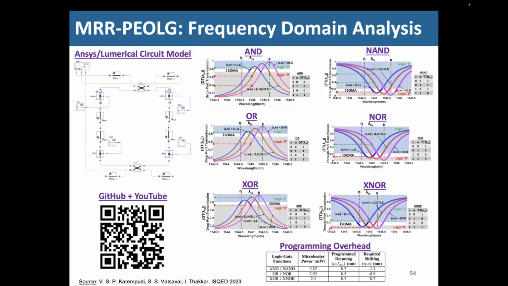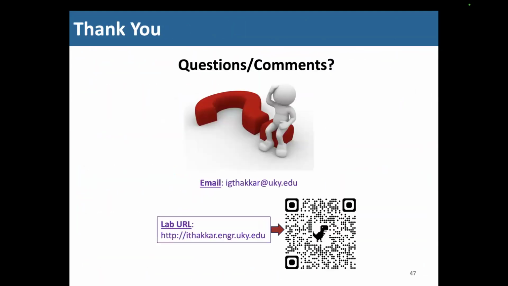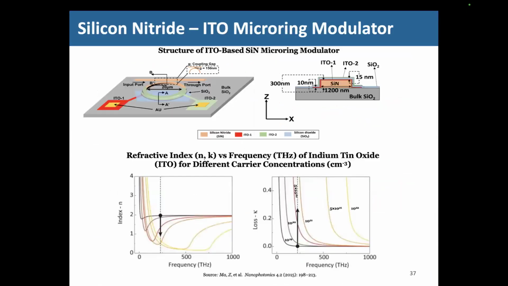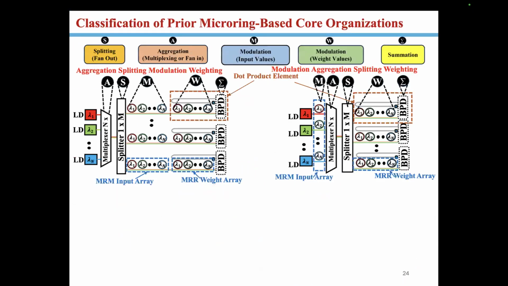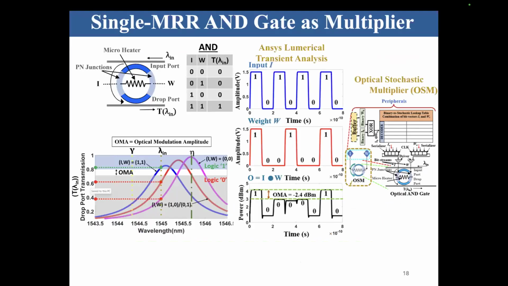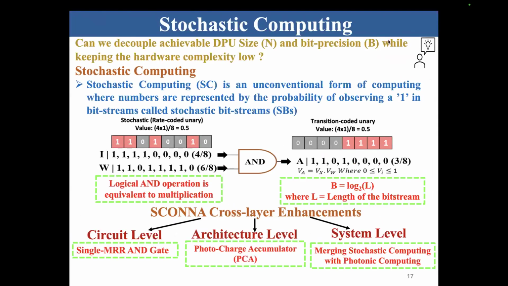Some of the ideas that we talked about, stochastic, is sitting in between. Stochastic numbers, you can also think of them as quasi-analog, because it's sort of time analog also. If you do stochastic this way, you can think of that as analog time encoding, because you have 4 bits.